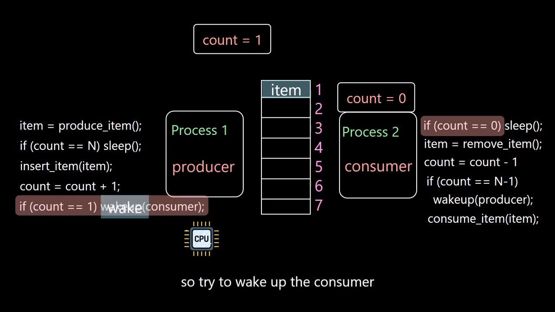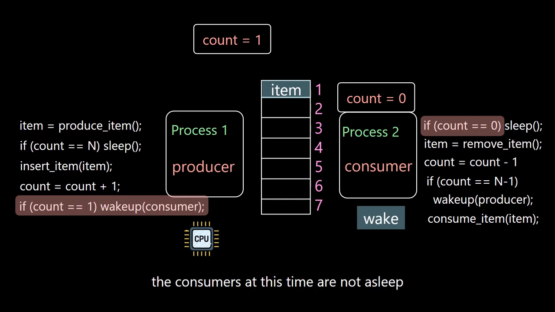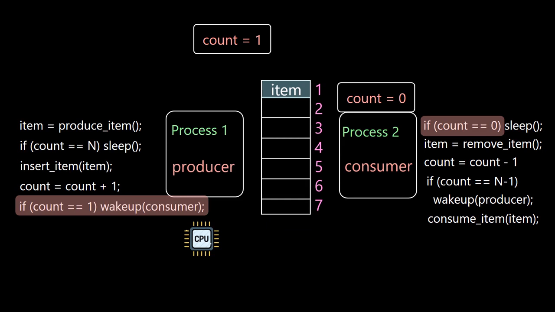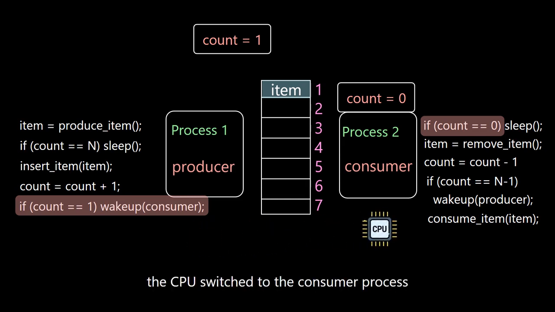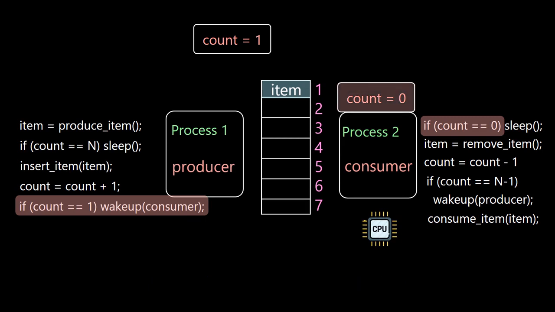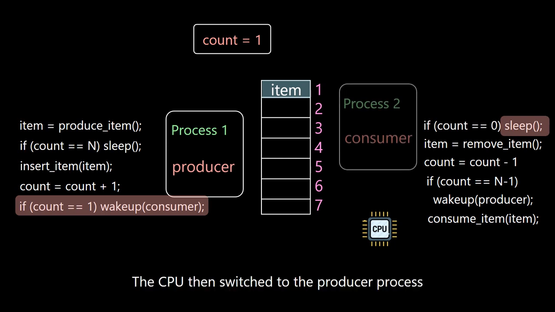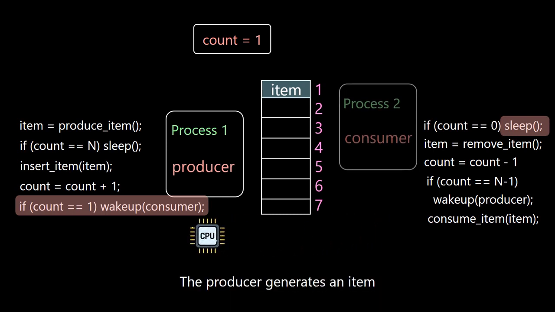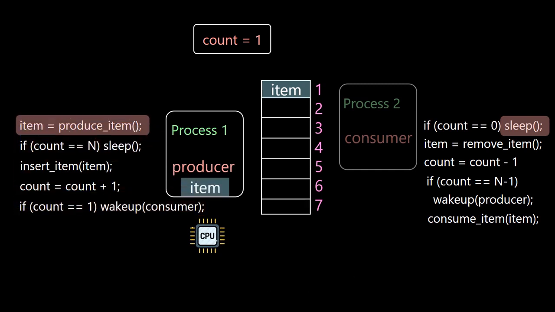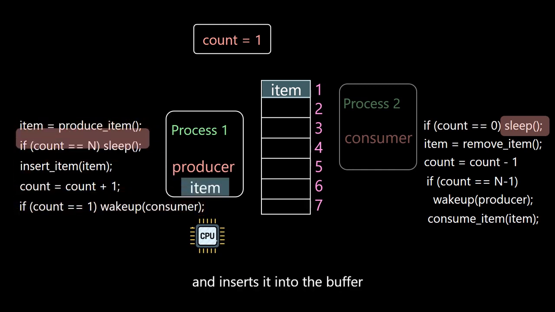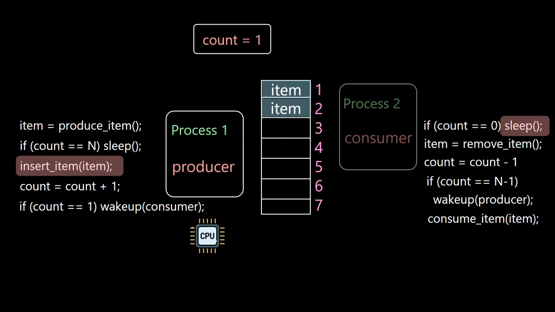So it tries to wake up the consumer. However, the consumer at this time is not asleep. It is awake, so naturally this signal is ignored. Then the CPU switches to the consumer process. Now it has already read that the value of count is 0, so it starts to sleep. The CPU then switches to the producer process. The producer generates an item, checks the count, and inserts it into the buffer.